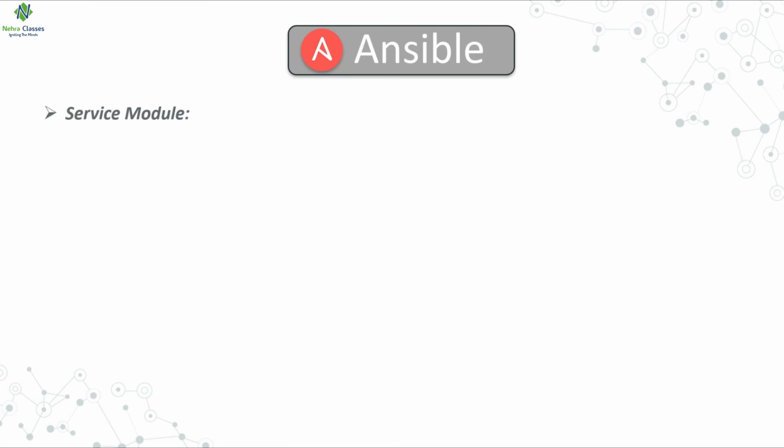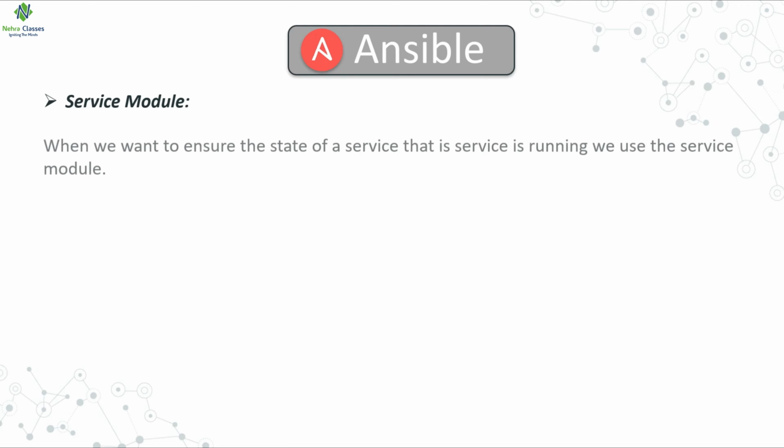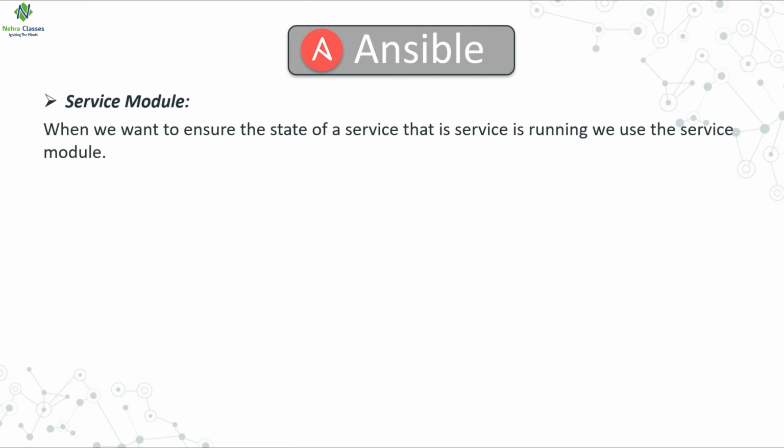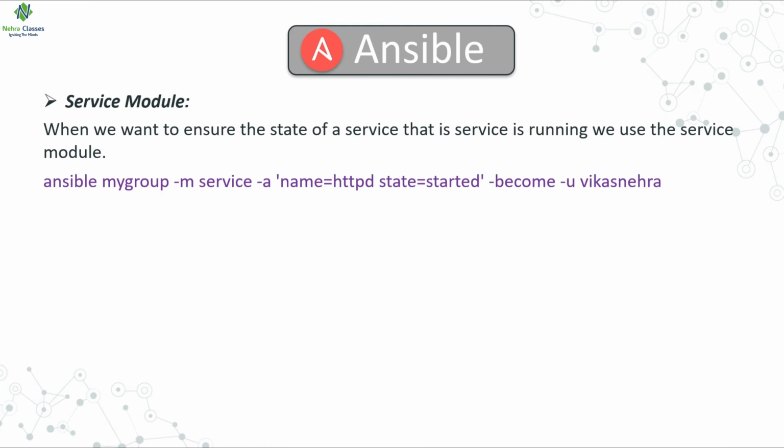The next module is the service module. We use the service module not only to check the status of the service, but also to start or stop or reload the service. For this we mention the command ansible. After that we write the group name, then we use option -m, and after that we mention service there for the service module, and after that we can define the argument with option -a.